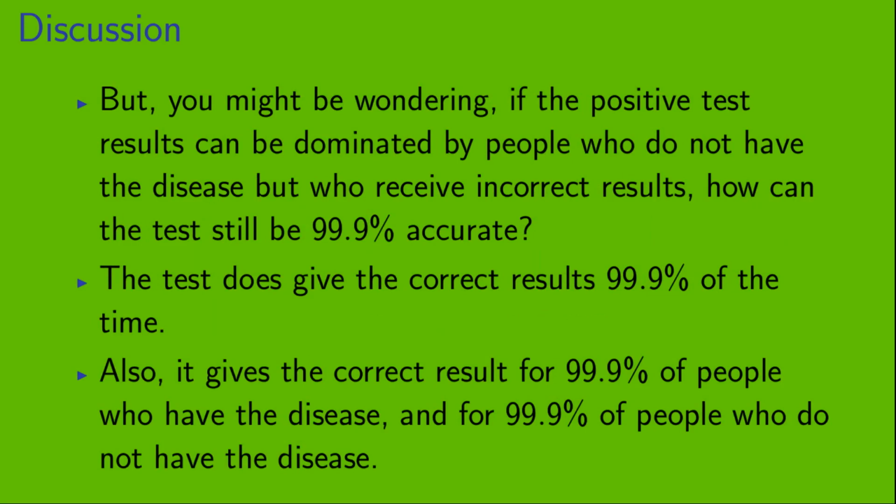But you might be wondering, if the positive test results can be dominated by people who do not have the disease but who receive incorrect results, how can the test still be 99.9% accurate? So the test does give the correct result 99.9% of the time. And also, it gives the correct result for 99.9% of people who have the disease and for 99.9% of people who do not have the disease.